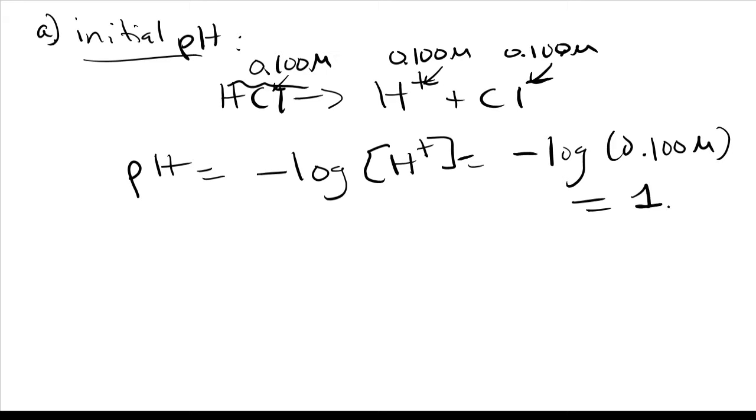When you do that, you're going to get a pH of 1.00, or just 1. So that's your answer for part A. Let's go ahead and delete that real quick just to give us more room.